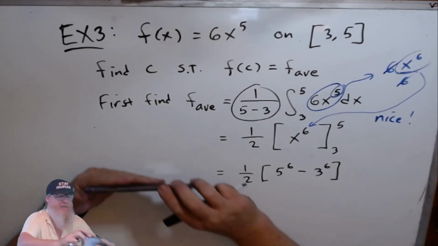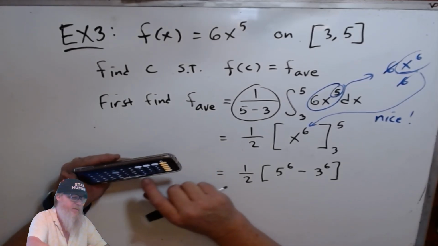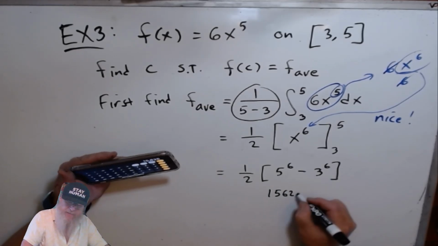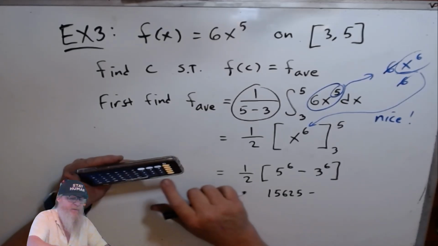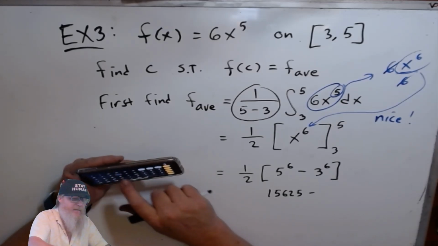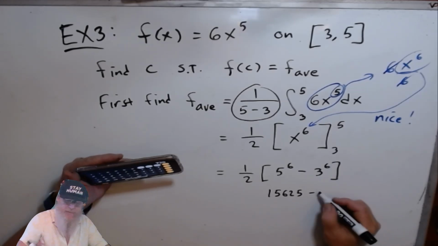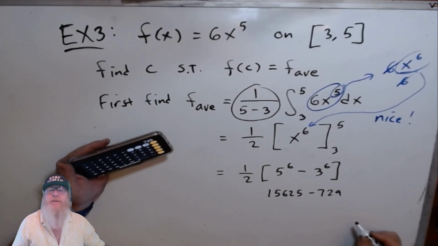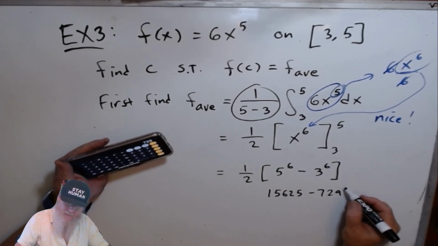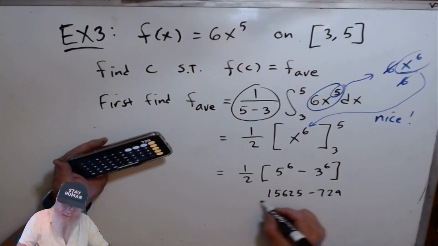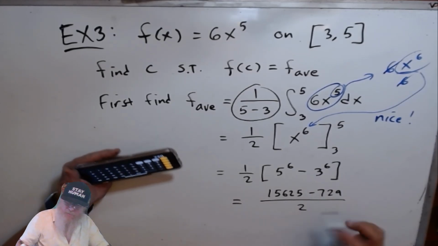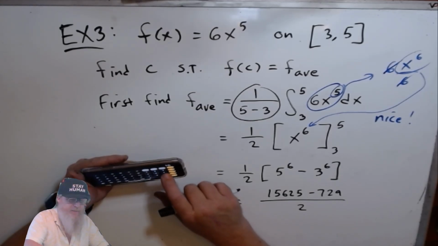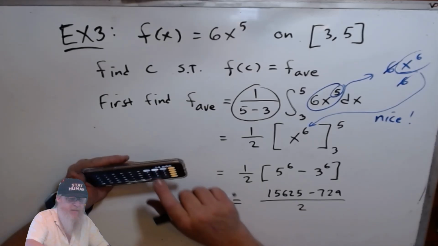So 5 to the 6th power, 5 times 5 times 5 times 5 is 15,625. 3 to the 6th power is 729. And again, you could say times 1/2, or you could just say divided by 2 means the same thing. 15,625. We'll subtract those.